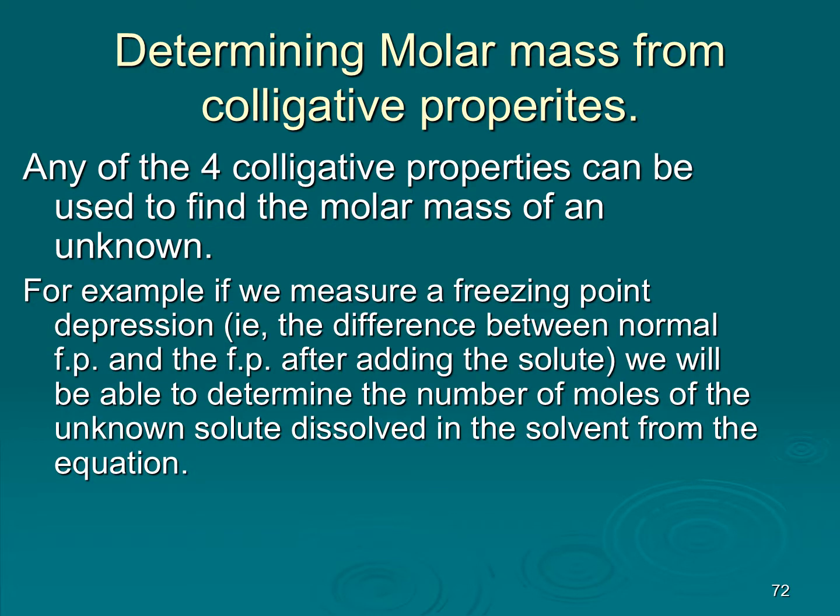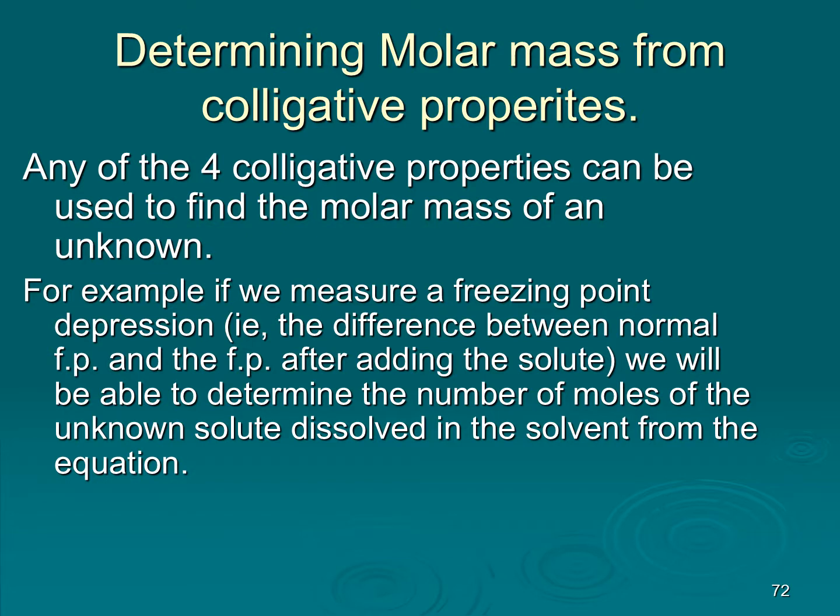For example, we could measure the freezing point of a pure substance, which is what we do in the lab. We use pure cyclohexane, then make your solution and measure the freezing point of that solution. Then you can find the freezing point difference, the freezing point depression.